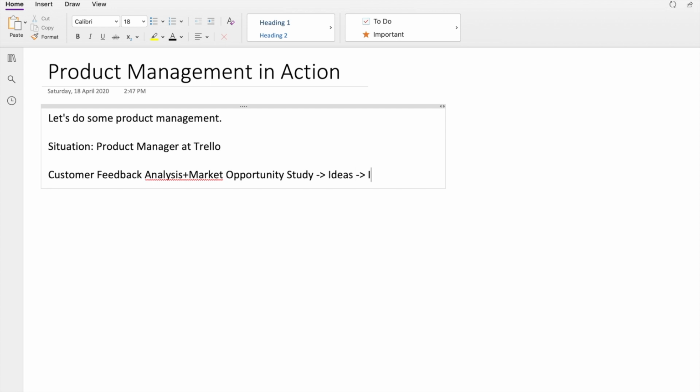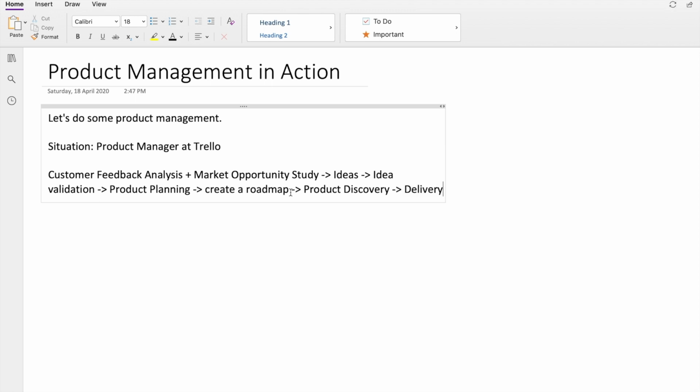Then we will validate them, then we will do some product planning, and then we will create a roadmap. And then we will go about doing product discovery and then delivery, release, and we will look at some key metrics that we will be gauging for the features that we will be shipping in this session.